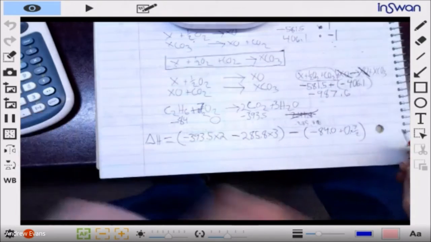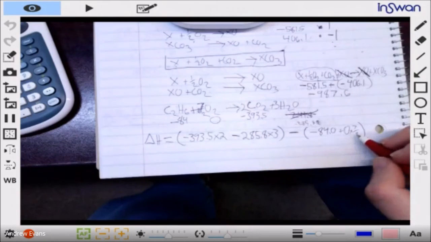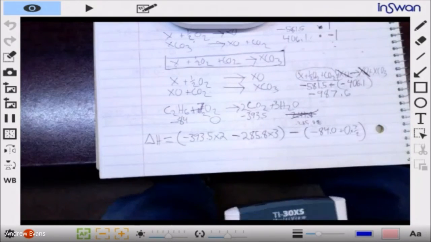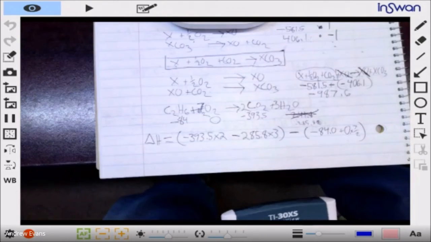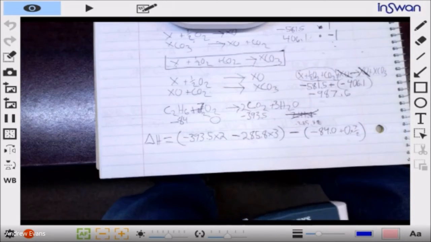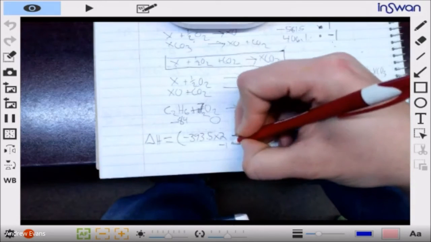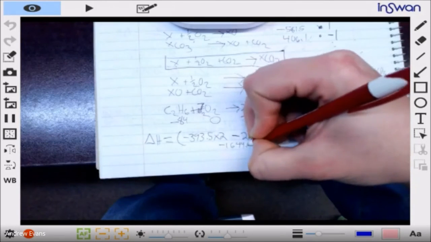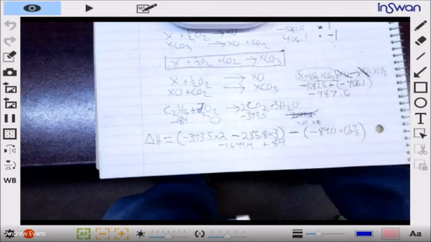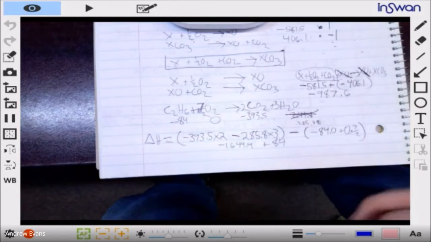But because oxygen is 0, it's just 1 ethane. Adding up all the products, we have -1644.4, and on the right, -84, so we add our 84 to that.